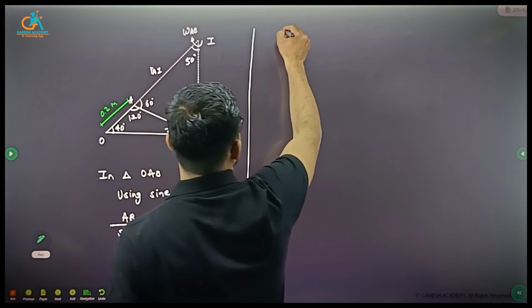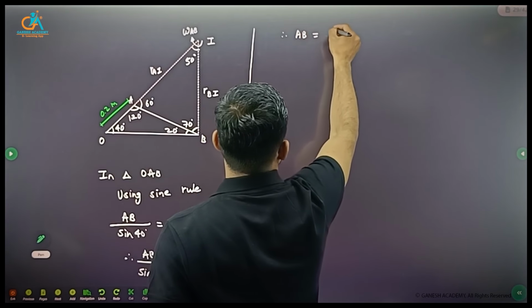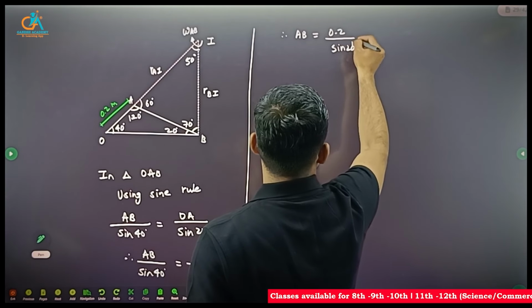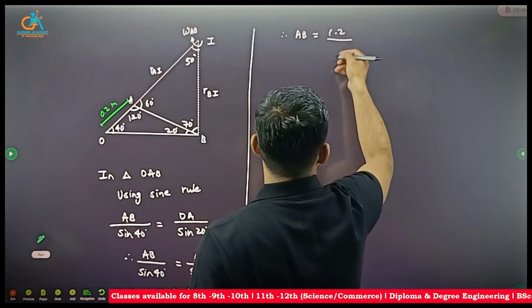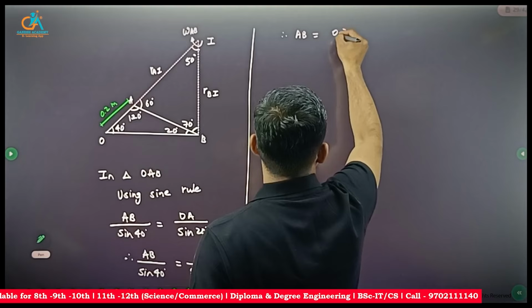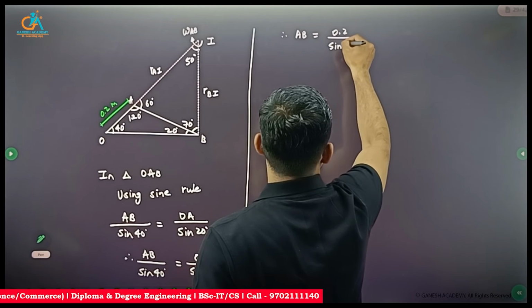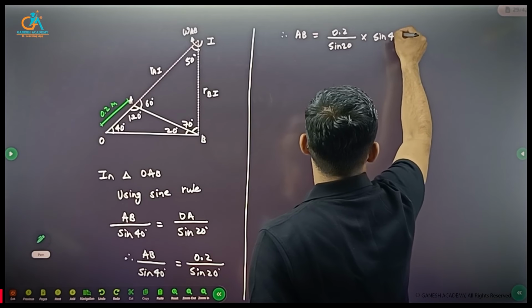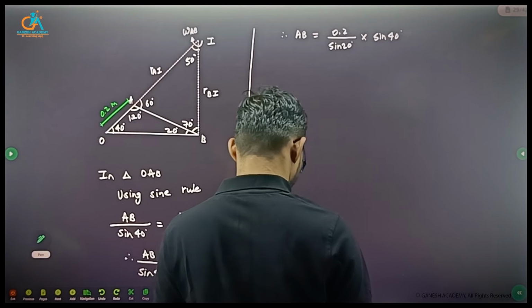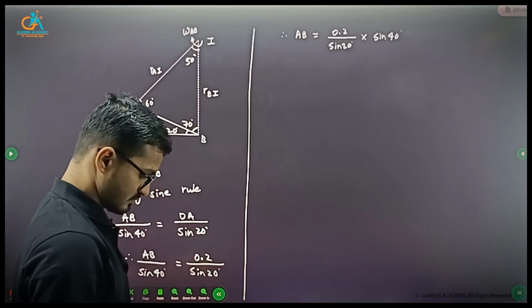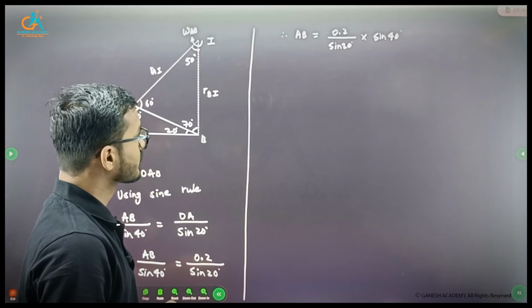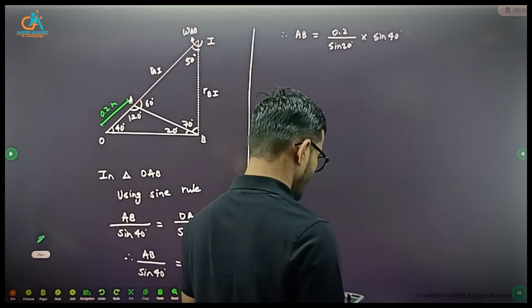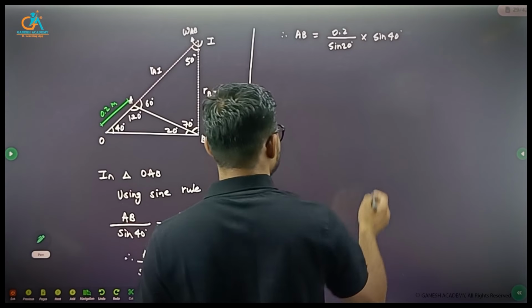So AB is 0.2 divided by sine 20, 0.376 you can write.